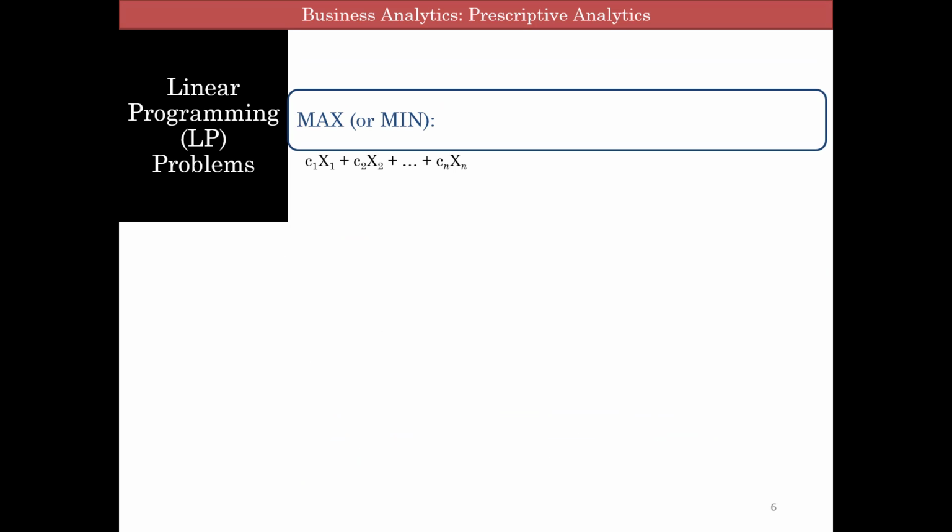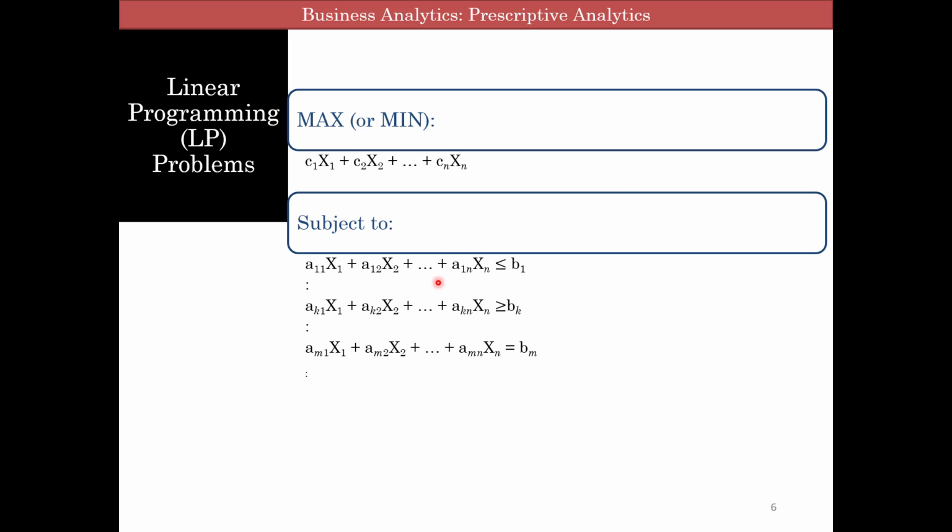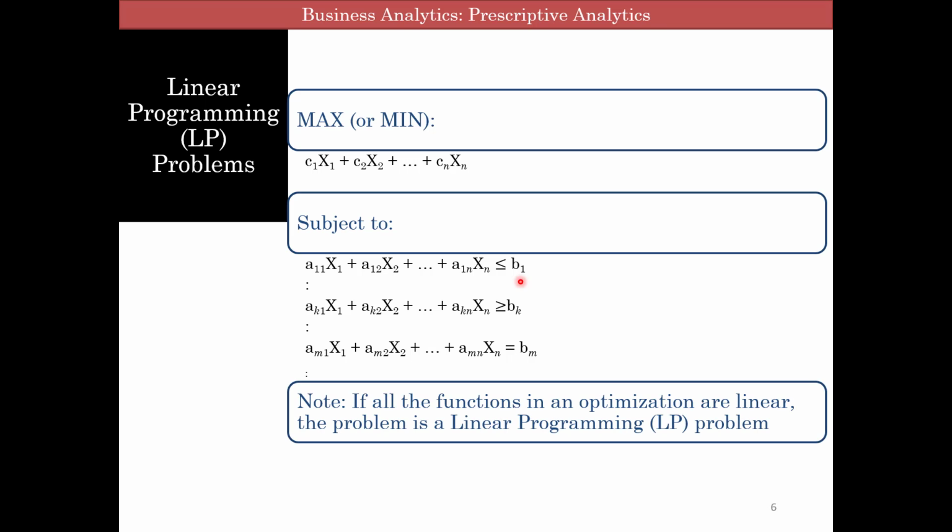So linear programming looks something like this, where C is a constant, this is an unknown variable, and you're going to add or subtract these, and it's subject to certain constraints. Here again, A11, A12, A1n, all of these, and B are all constant numbers. You're either adding or subtracting, and they're less than, greater than, or equal to some value.